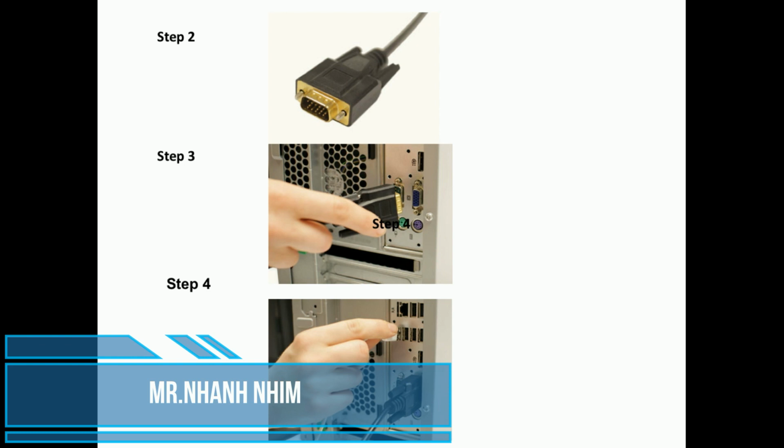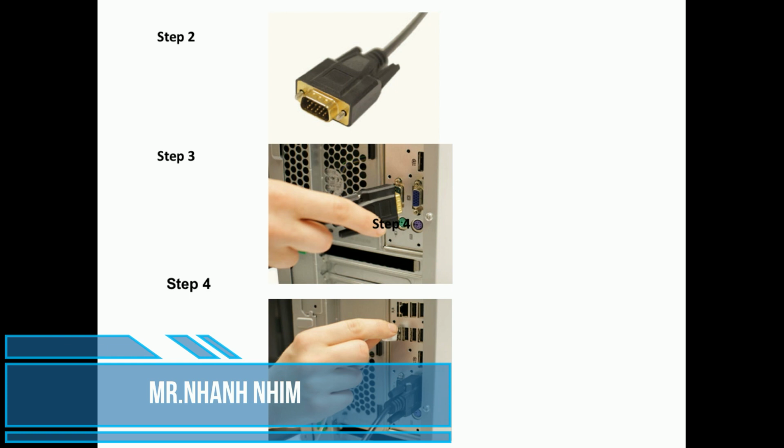And one more thing is you need to plug in the mouse and keyboard. This one, okay, you see the picture. Usually the mouse and keyboard plug into USB. If you are setting up an exceptionally old PC, you may need to connect the mouse and keyboard via the PS/2 connectors, okay?